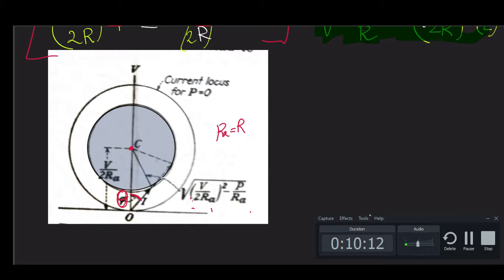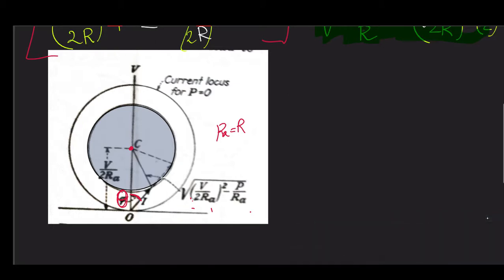Here you can clearly observe that the circle at C is actually growing outward. The smallest value of current occurs when the radius of the circle becomes V by 2RA.